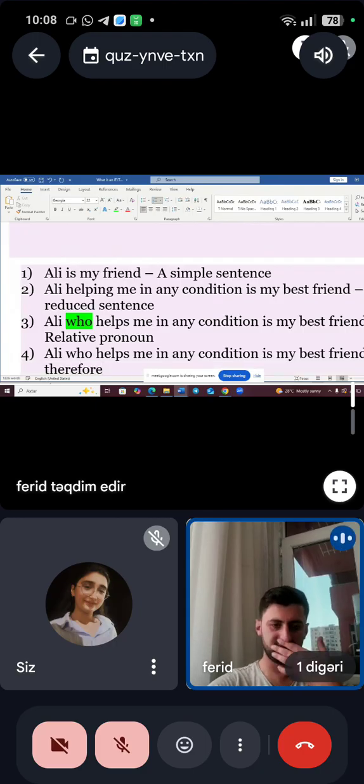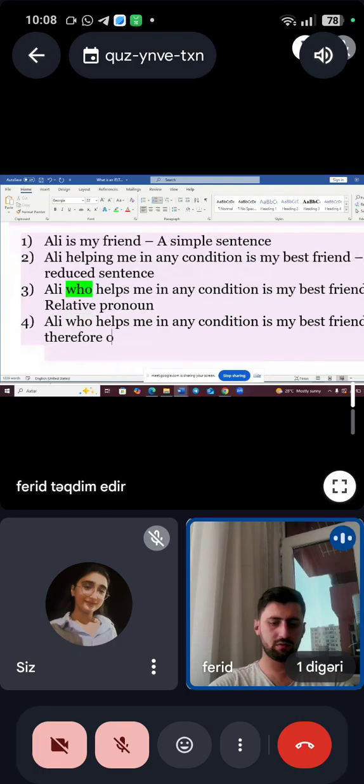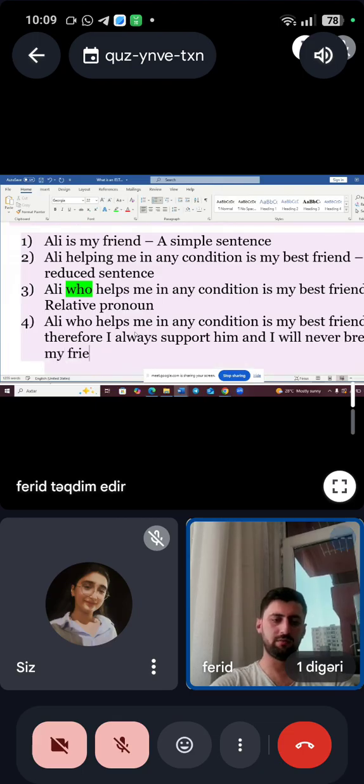Therefore, I always support him, and I will never break my friendship with him as he has been loyal to me till today.